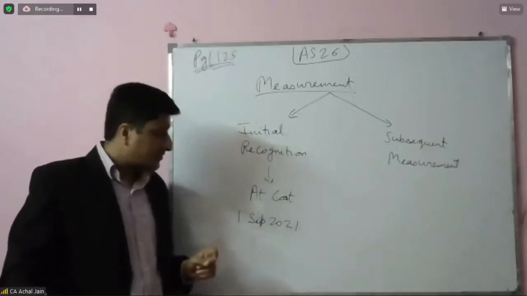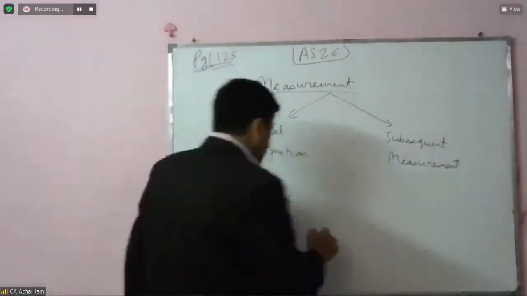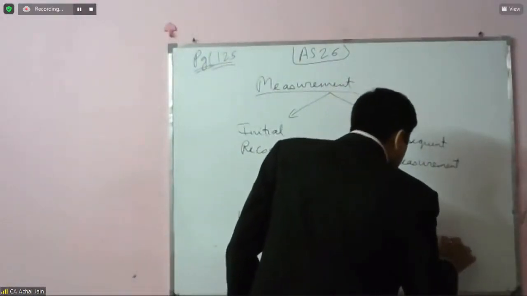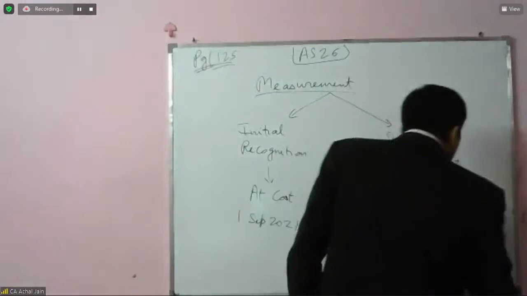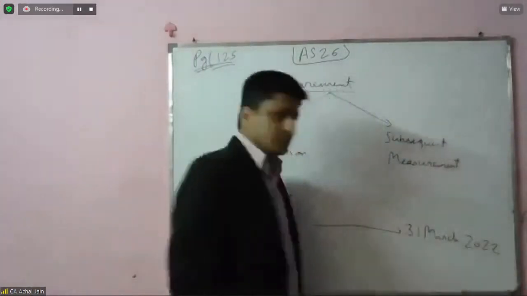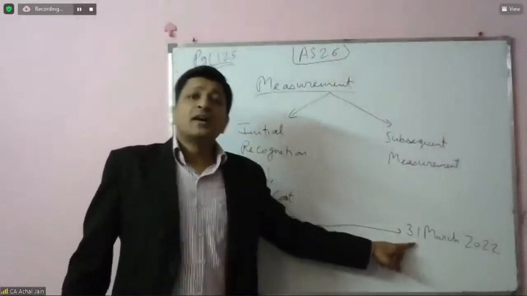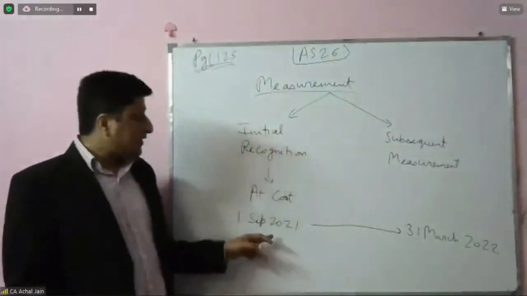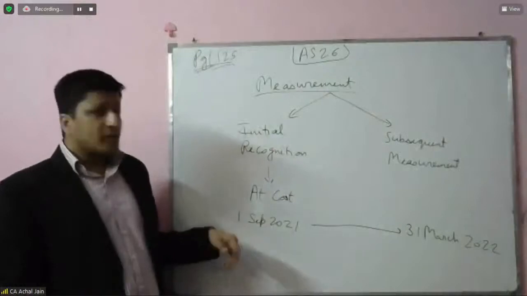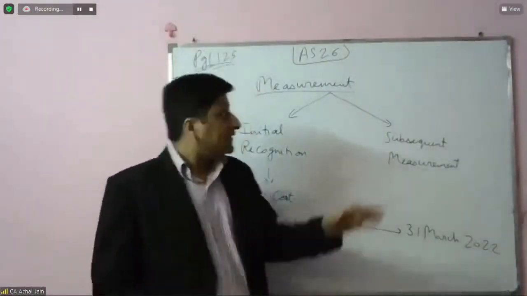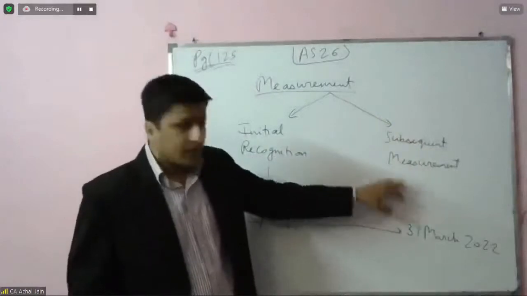This is initial recognition. Then, towards the year end, that means 31st March 2022, when at the year end, you will record it or you will check whether it will continue to be recorded at the same amount or not. That is called as subsequent measurement.